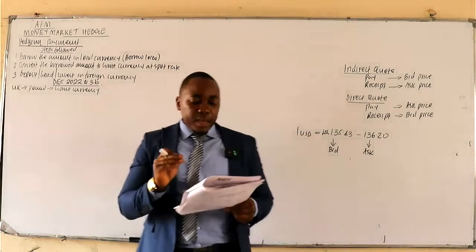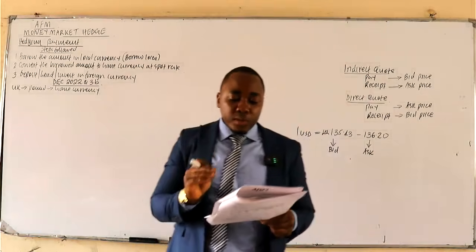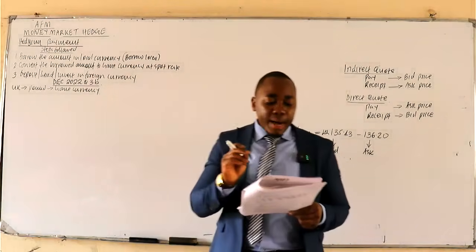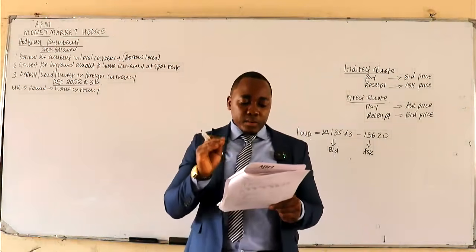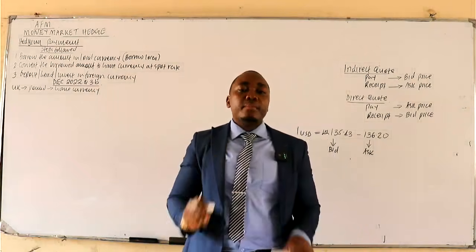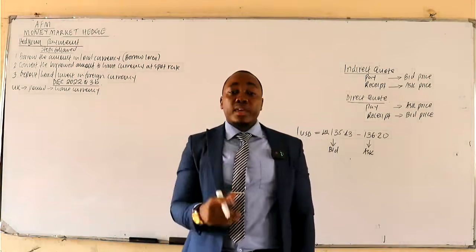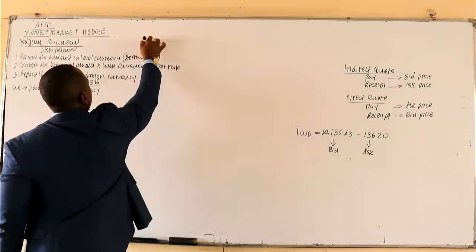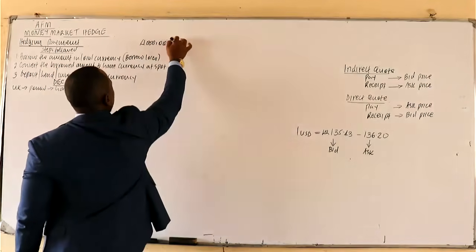Rema Limited bought goods from a United States supplier and must pay $4 million in 3 months' time. So they expect to pay 4 million. The amount in consideration is 4 million USD.